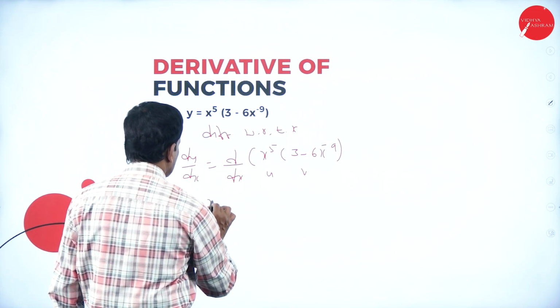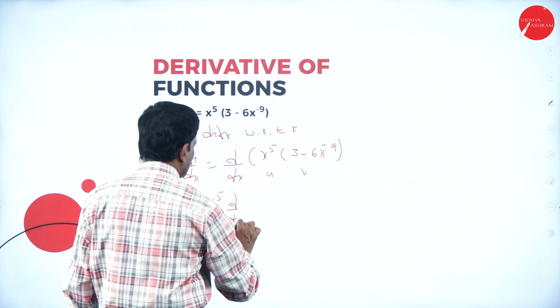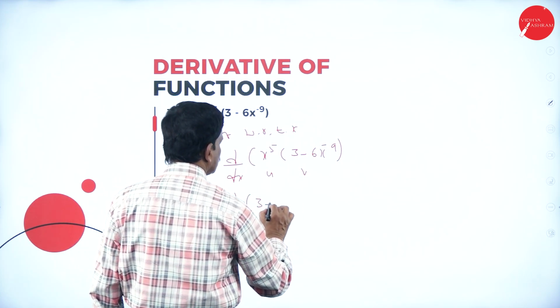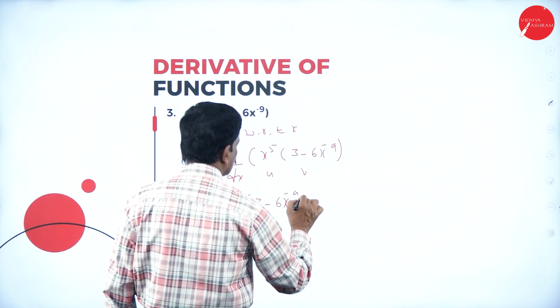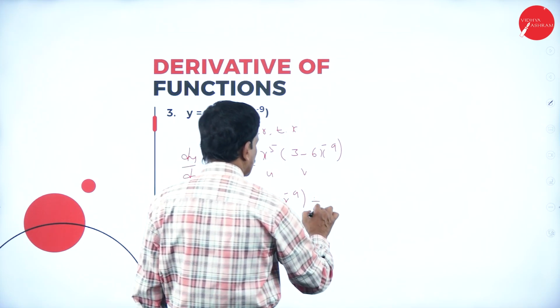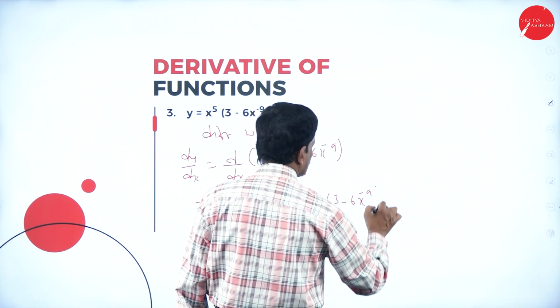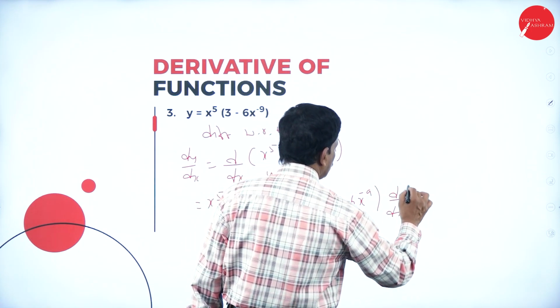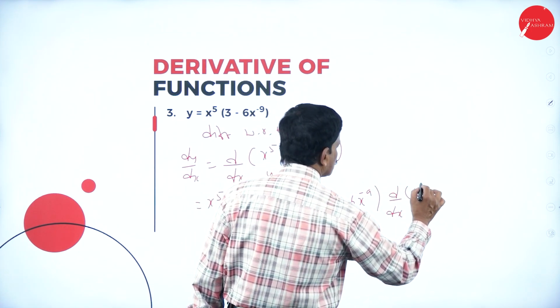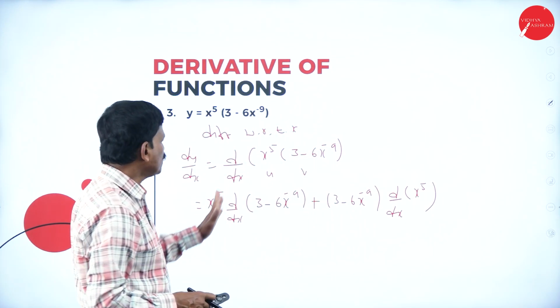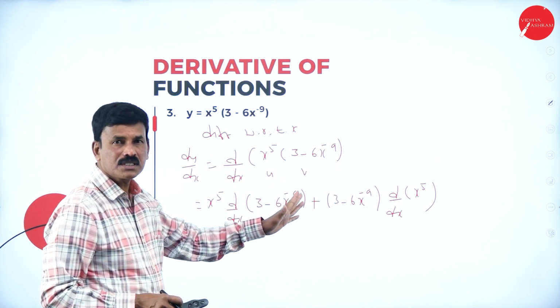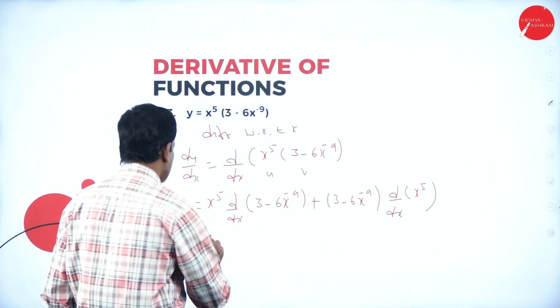First function x raised to 5 constant, d by dx of second function 3 minus 6 x to the power of minus 9, plus second function 3 minus 6 x raised to minus 9 constant into d by dx of first function x to the power of 5. So, first function into derivative of second function plus second function into derivative of first function.